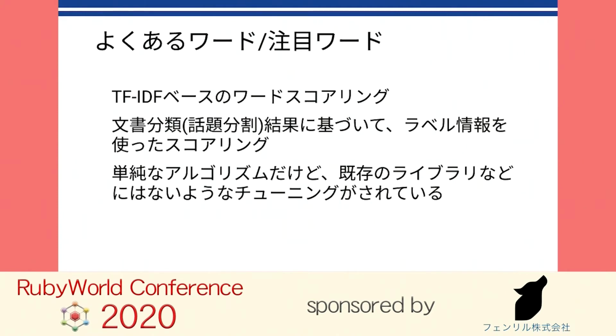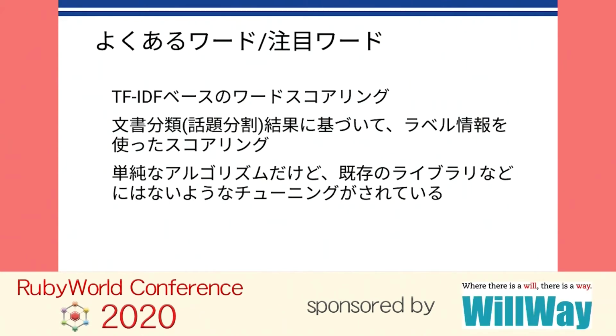We have a unique algorithm using word scoring based on TF-IDF. Based on the result of the classification of the other documents, we give a score based on the information of the labels. It is based on a temporal algorithm, and although it is very simple, quite a unique tuning needs to be provided, which does not exist in current libraries.